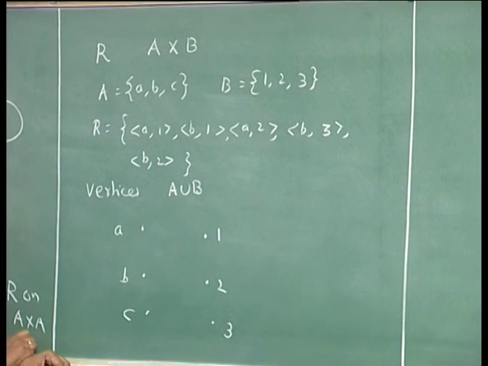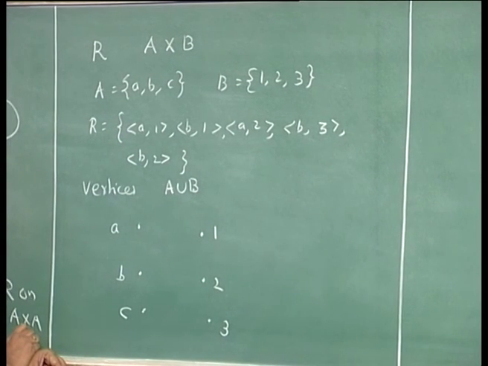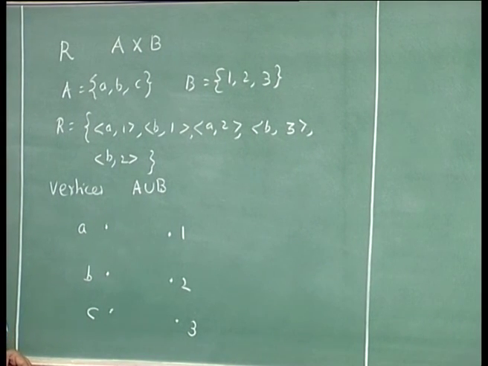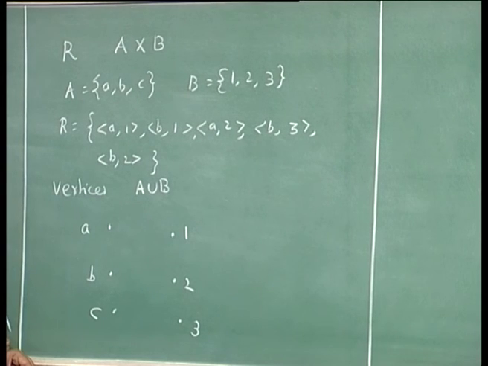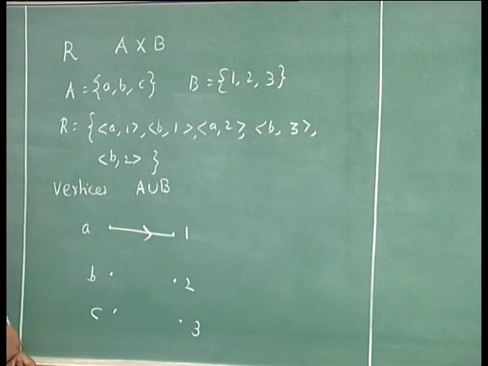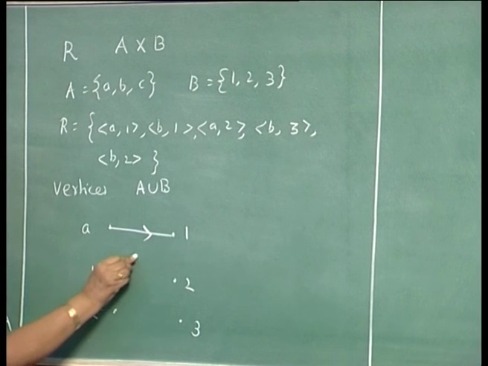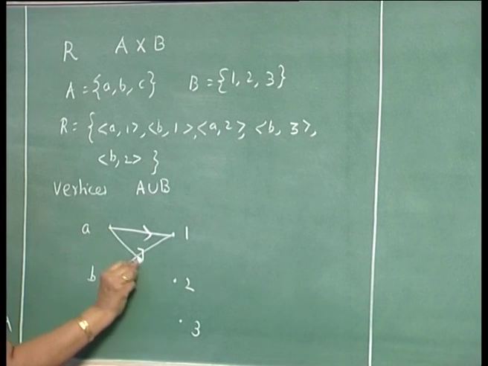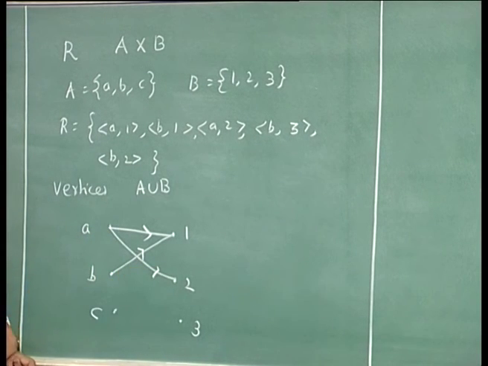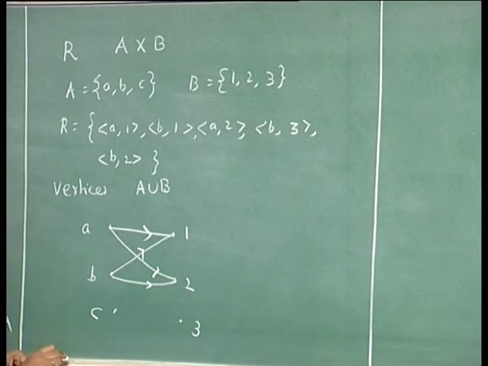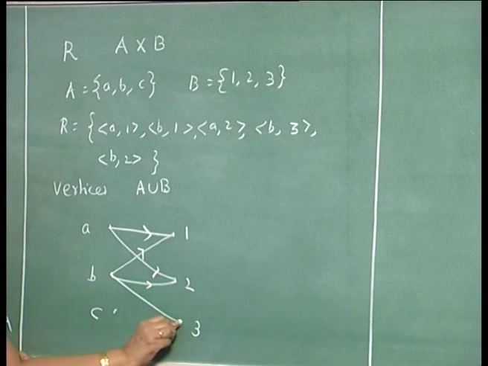Each element of A will be a vertex, each element of B will also be a vertex, and all the edges will originate from an element of A and terminate on an element of B. So, you have a1, so there will be an edge like this, you have b1, so there will be an edge like this, you have a2, so there is an edge like this, you have b2, so there is an edge like this, you have b3, so there is an edge like this.